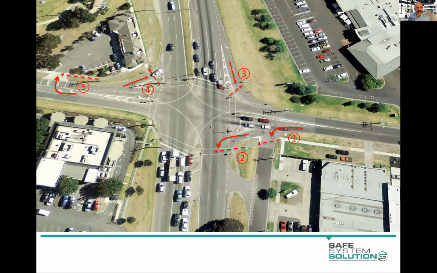So what I do as an auditor, whether it's a plan or an existing bit of road, is put myself in the shoes of all these road users and imagine it. So I imagine myself as a driver. I go, okay, I'm driving straight through. What am I going to see? Okay, now I want to turn into here. What am I going to see? Am I going to have sight lines blocked? What am I seeing? I'm turning here, I'm crossing here, and the like.